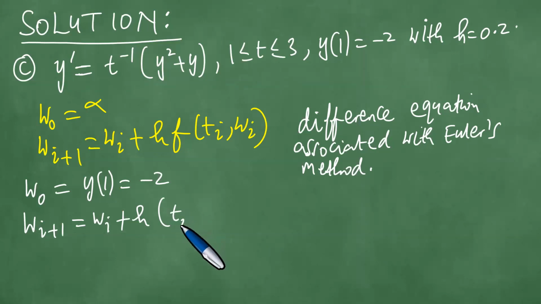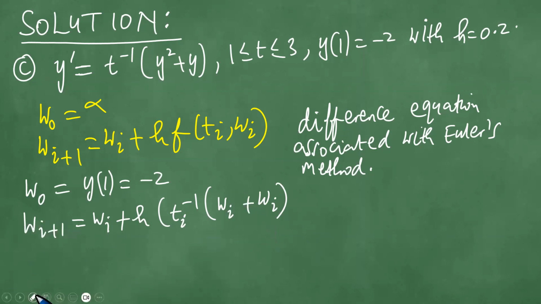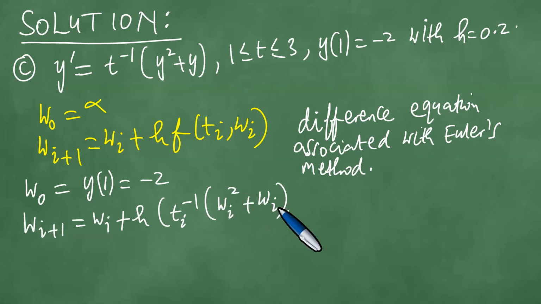This one is going to be T_i to the minus 1, W_i squared, plus W_i squared. Okay, so we have this. Yeah, you can remove this bracket. Put a dot here.